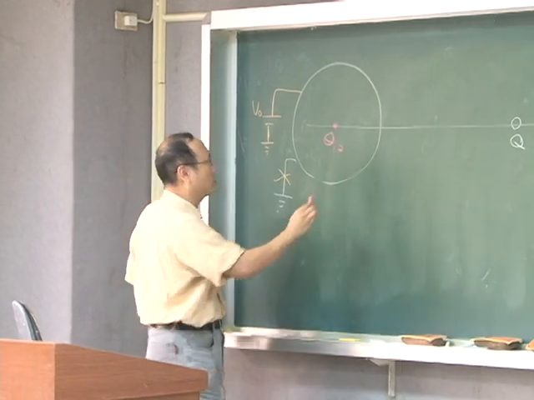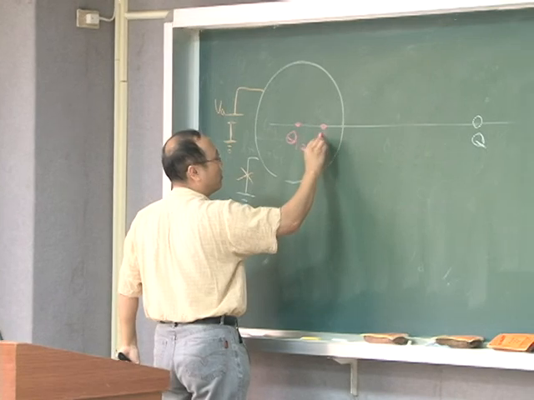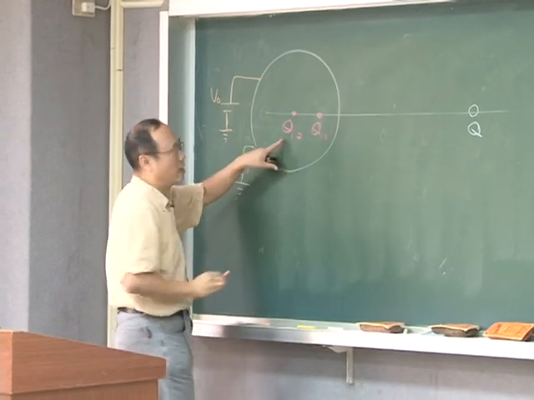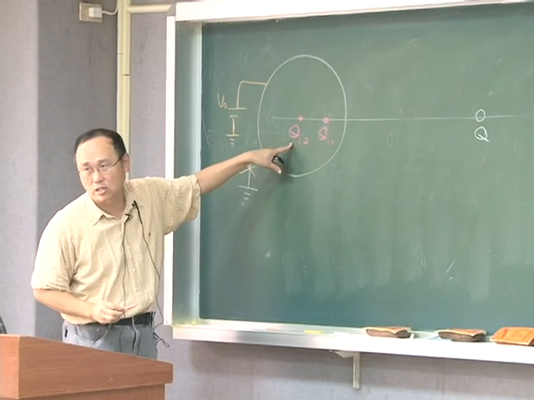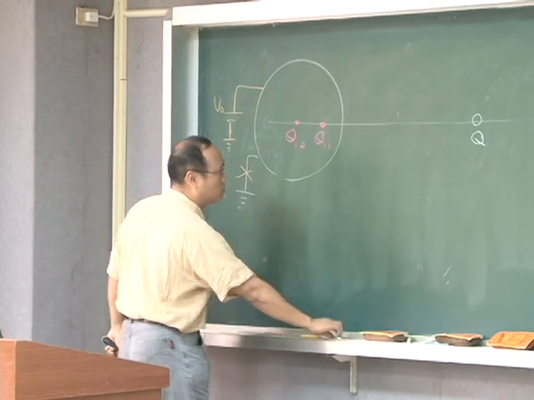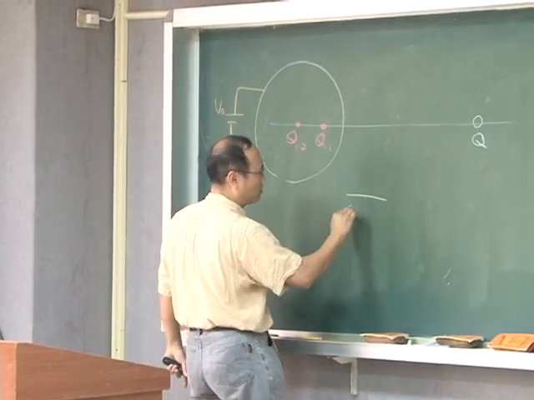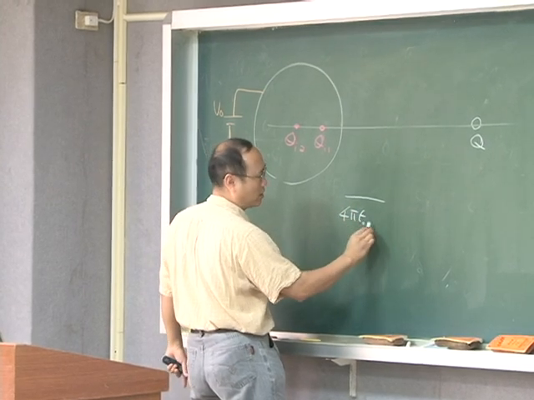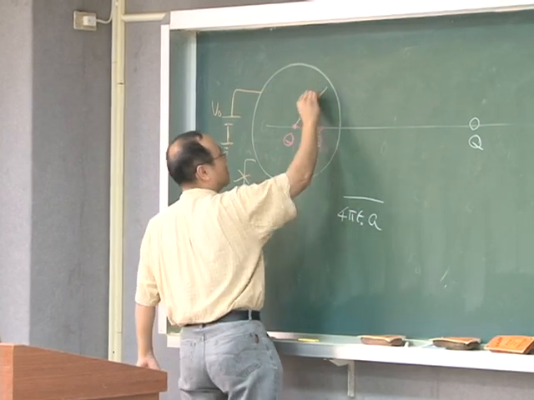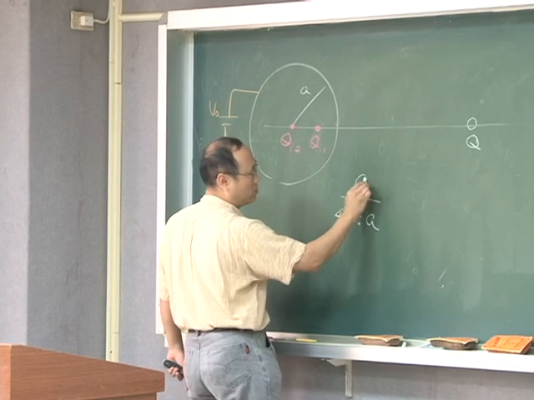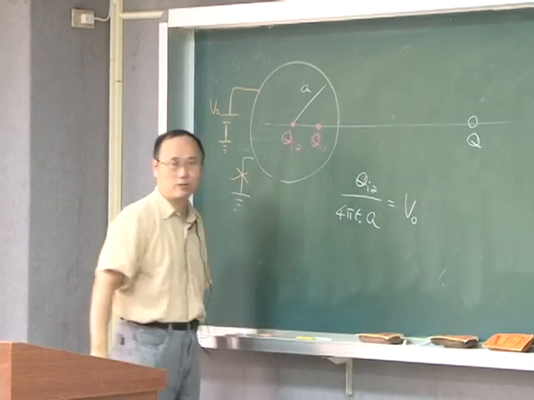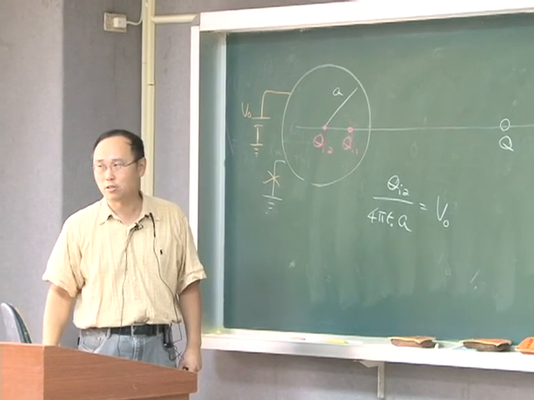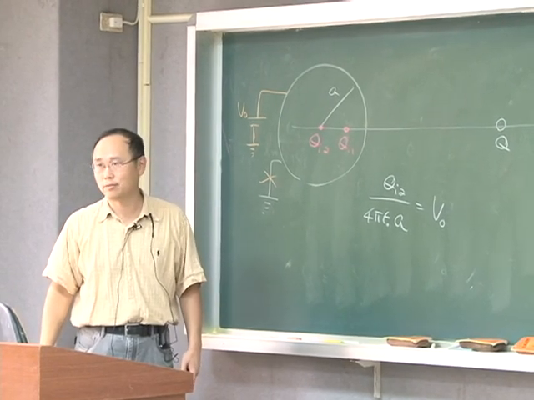Okay, so for this problem, you're going to have Qi1 and Qi2. Qi2 is very easy to derive because Qi2 basically is equal to 4 pi epsilon naught A times V0, where A is the radius. This Qi2 is going to give you V0. So this is a simple problem for you to solve, right?